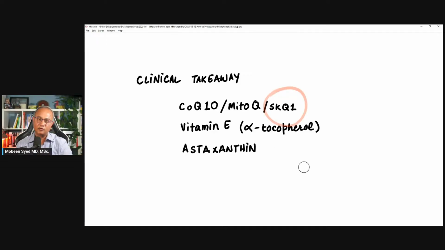Similarly, there is another molecule called SKQ1, which is also a CoQ10 that has better affinity towards mitochondria than CoQ10. Then, as I said before, vitamin E or alpha tocopherols, they are lipid soluble antioxidants, a must have. And then astaxanthin is another lipid soluble antioxidant.